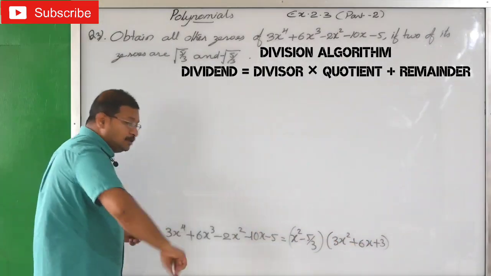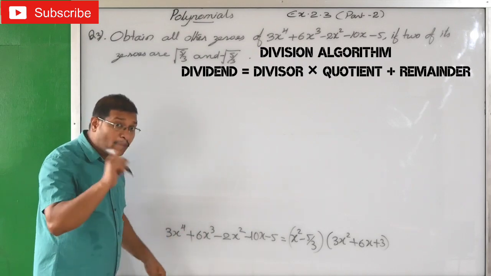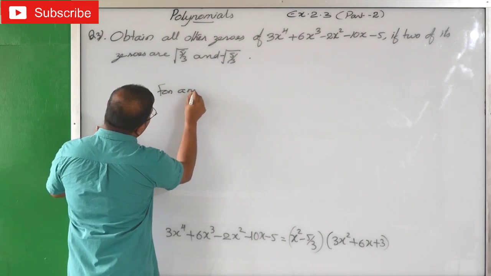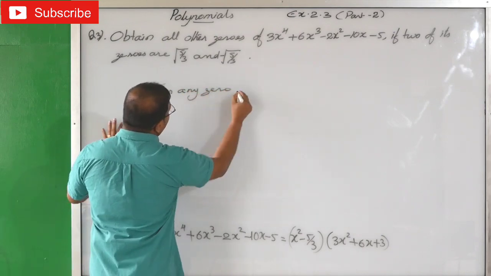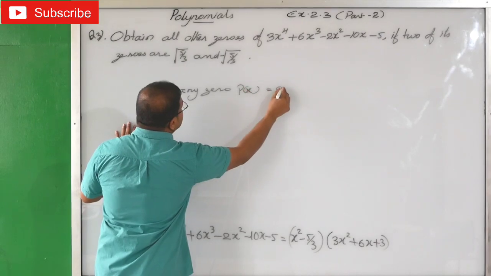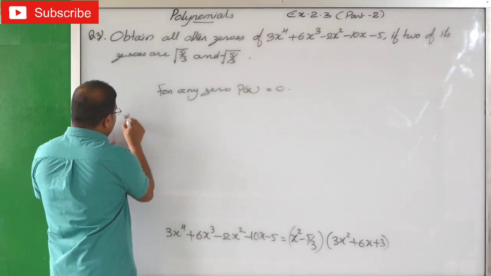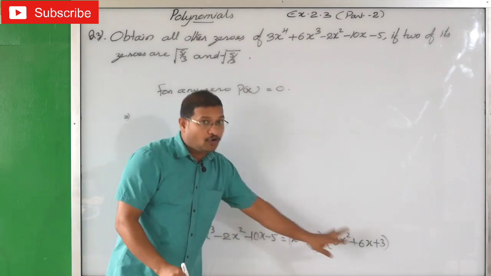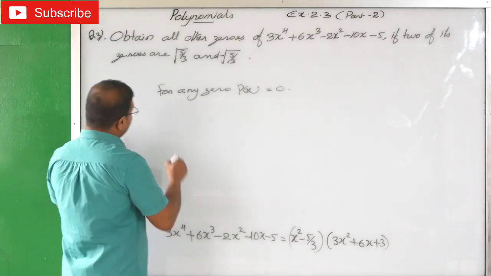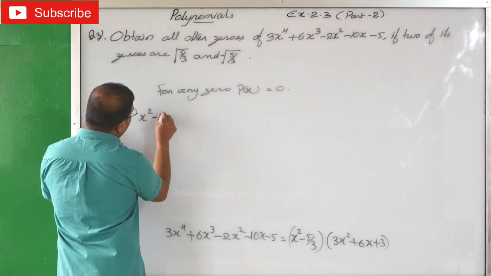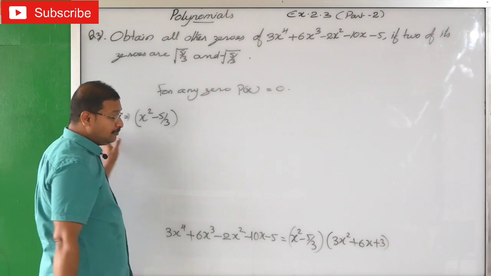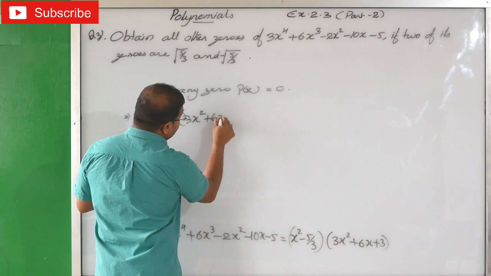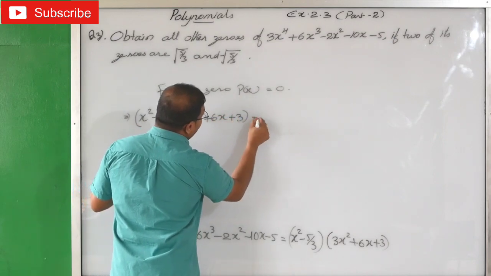So this much. So we want the other zeros. That means the polynomial should be equal to 0. For zeros, p of x should be 0. This implies p of x, the polynomial, equals divisor into quotient. So this part we'll write now. x square minus 5 by 3 into 3x square plus 6x plus 3 equal to 0.